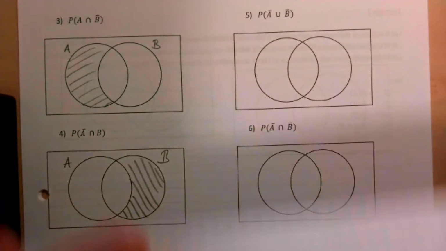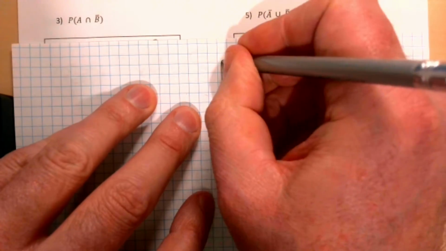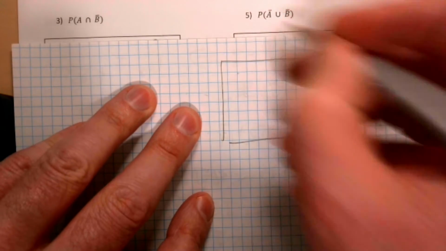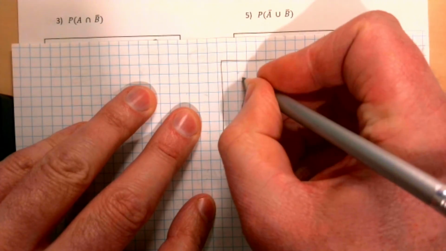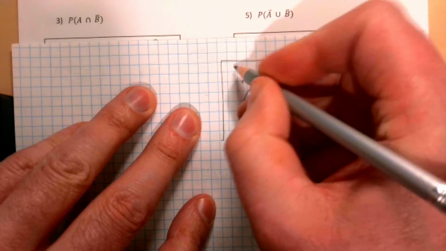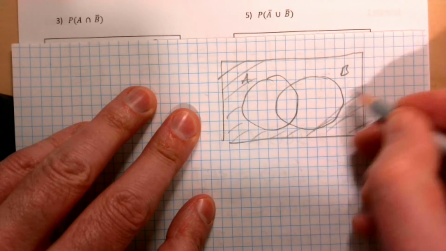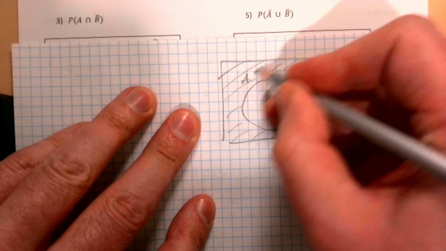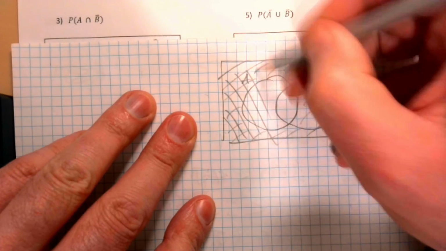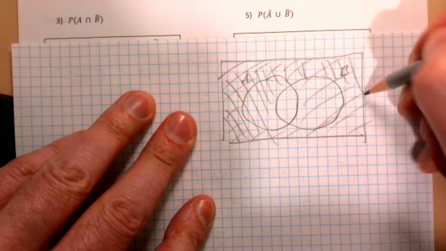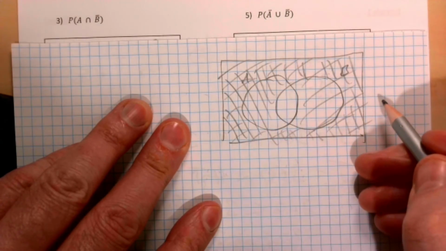So let's do the same then for this. So maybe going a bit slow here, but I think it's worthwhile. So not A, I'm going to be shading, and then not B. And anything that's shaded at all is my answer.